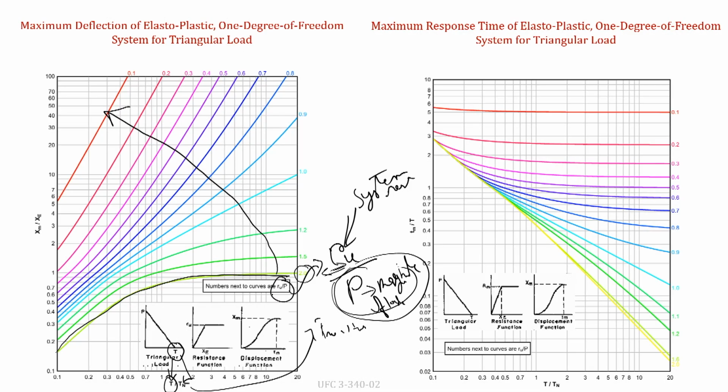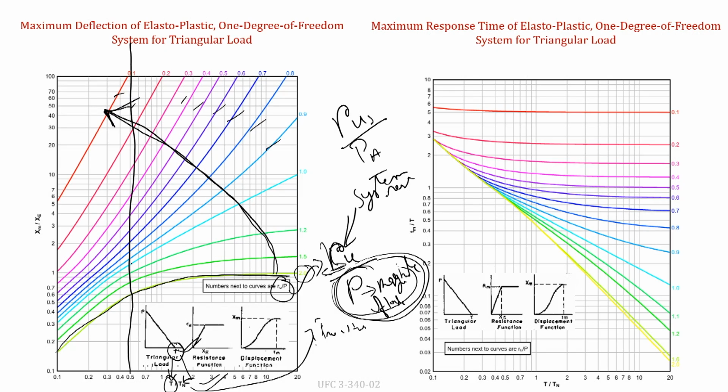So, while we are calculating, we will always keep track of the ratio of the resistance of the system with respect to the applied loading. These curves are for different ratios. There will be a transition from the elastic loading to the plastic loading. So, whenever we have to read a value, we will calculate the time of application of the loading, we will calculate the time period of the structure, and we will also look into the resistance of the system with respect to the applied loading.